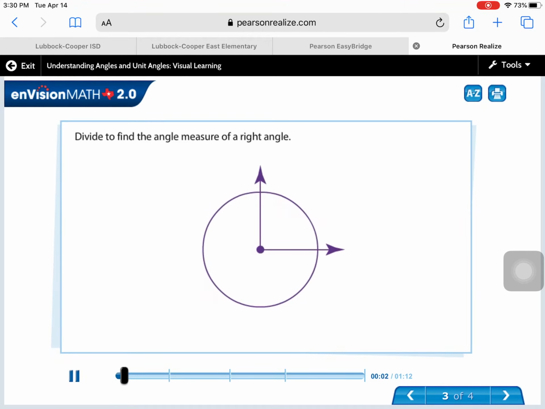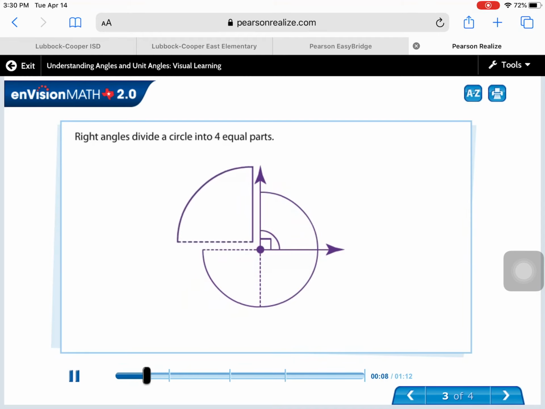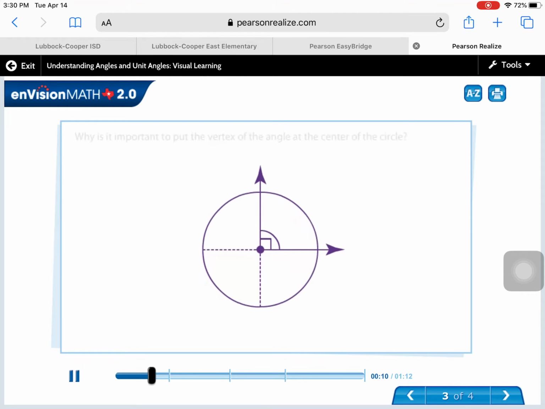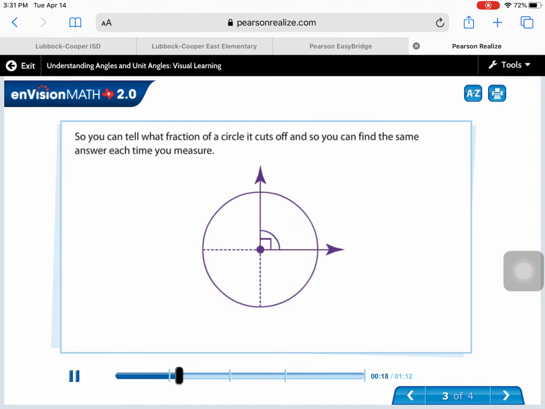Divide to find the angle measure of a right angle. Right angles divide a circle into 4 equal parts. Why is it important to put the vertex of the angle at the center of the circle? So you can tell what fraction of a circle it cuts off, and so you can find the same answer each time you measure.